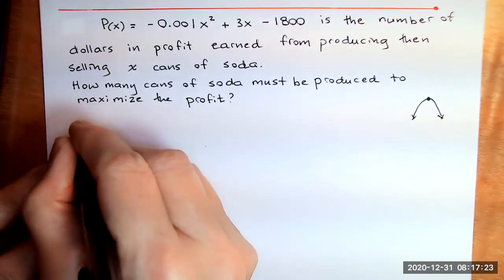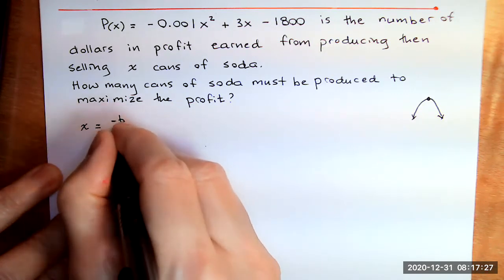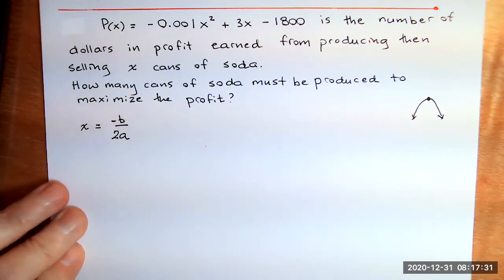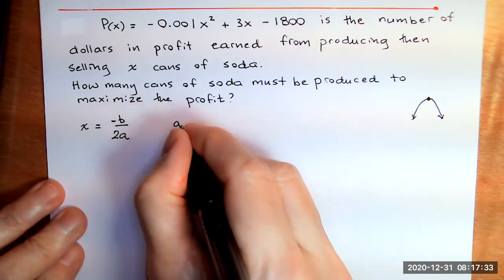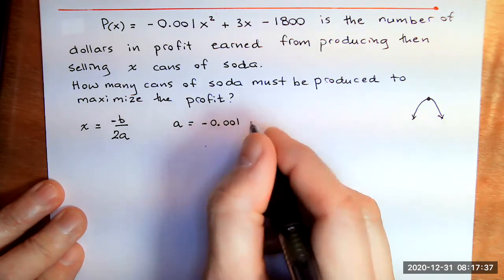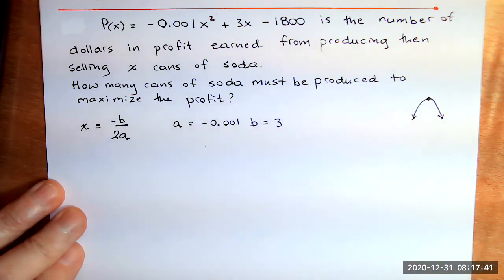And you could either complete the square or use the formula that x occurs at negative b over 2a. So we have a is negative 0.001 and b is equal to 3.